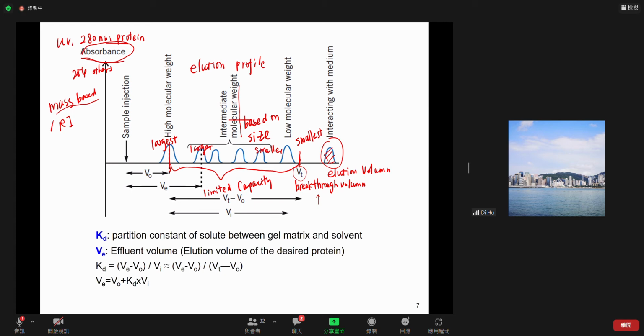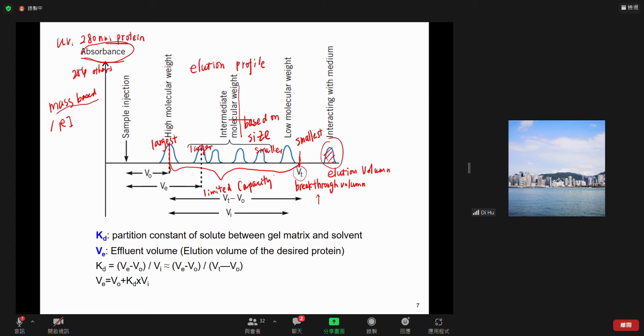If we talk about partition, KD means the partition constant of the solute between the gel matrix and the solvent, but actually there's no interaction. So it's not a typical normal HPLC, and it does not really follow the Van Deemter equation. We don't see peak broadening along the column.